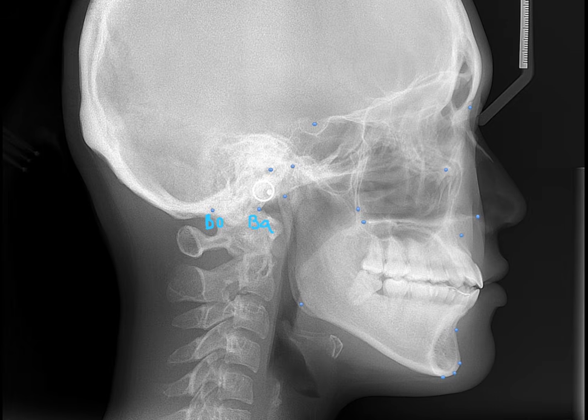The next point is the articulare, AR for short, and that's right here. That's the intersection between the zygomatic arch, which is running here, and the posterior border of the ramus. Note that you can see both rami. You can see one here and then one further back here.